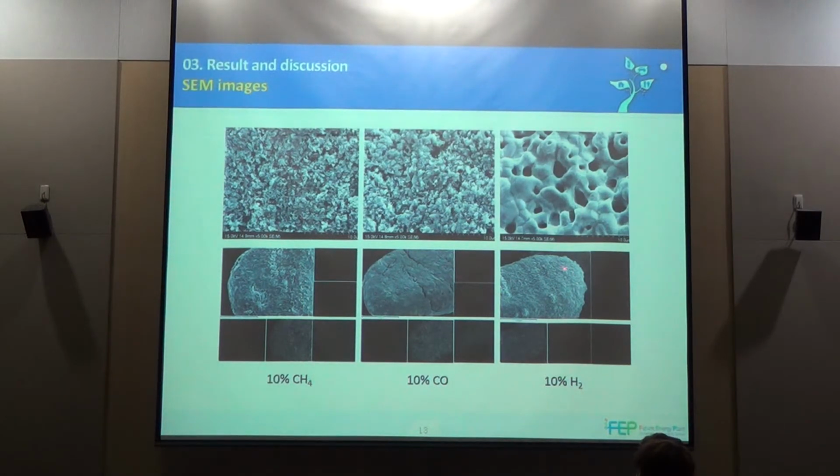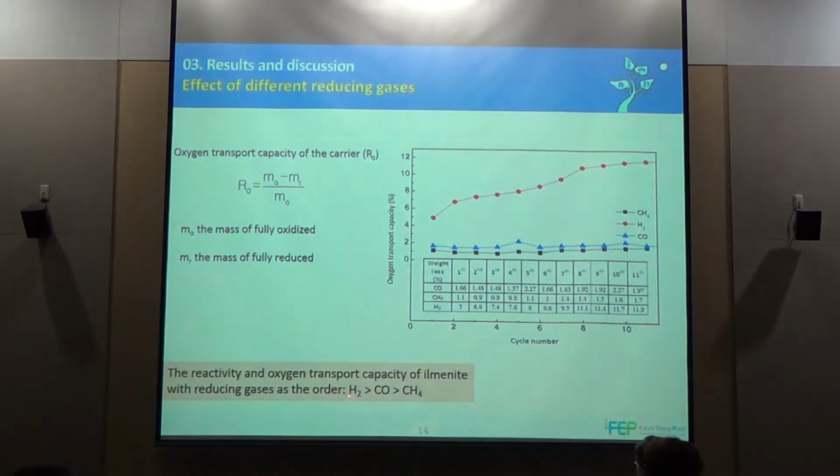As you can see, with hydrogen as the reducing gas there is strong behavior in the grain size of ilmenite, as hydrogen is the strongest reducing gas.